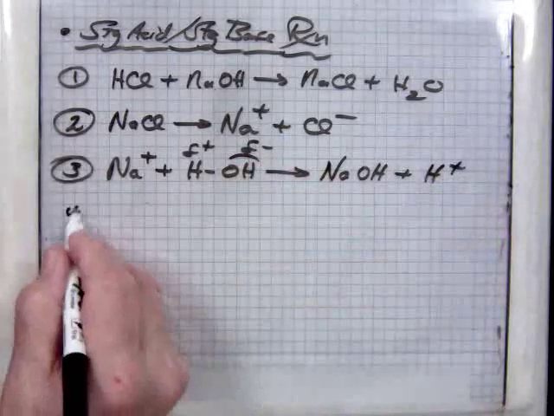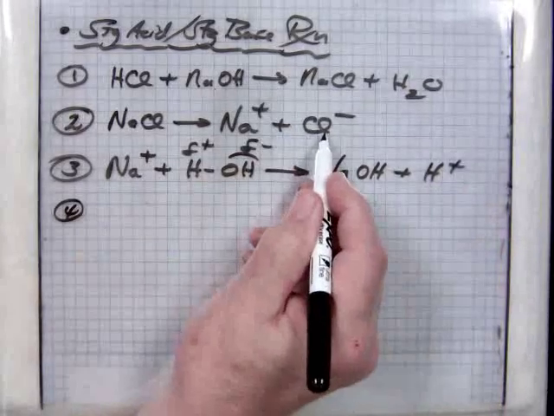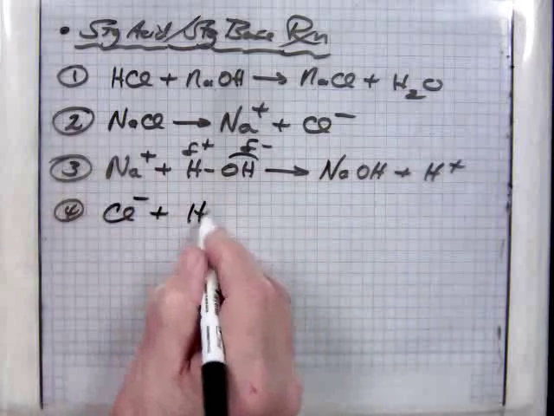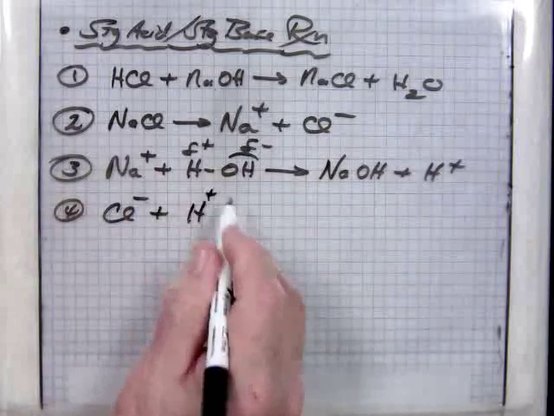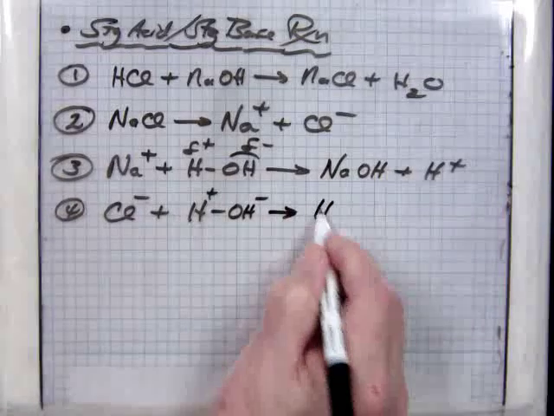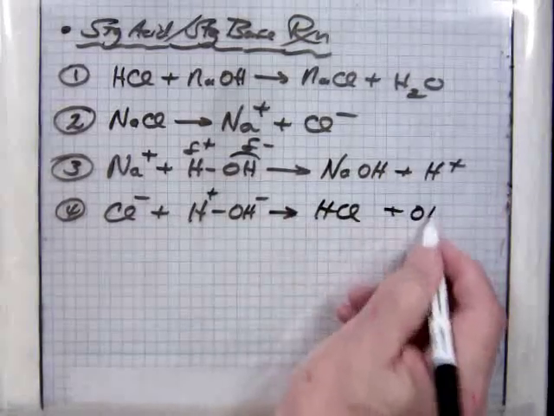Then the fourth one is testing the chloride with water. It's negative, so in the same context, say this is plus against a minus. This would give an HCl plus an excess of hydroxide.